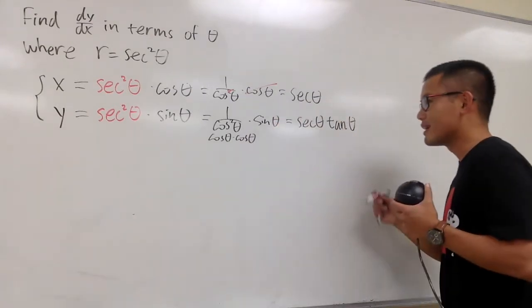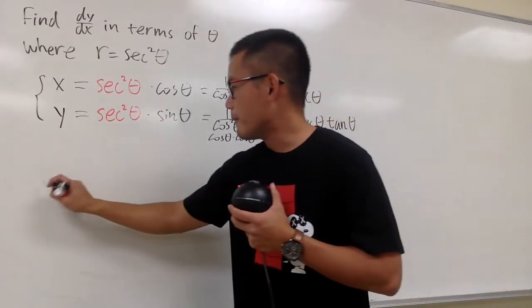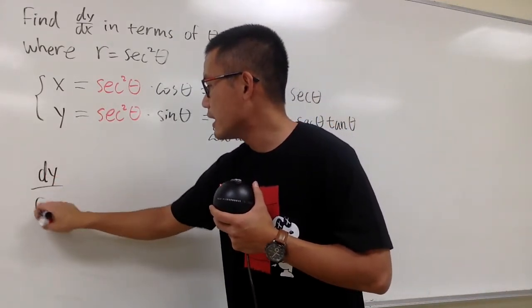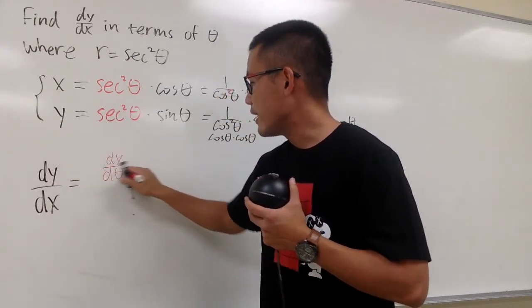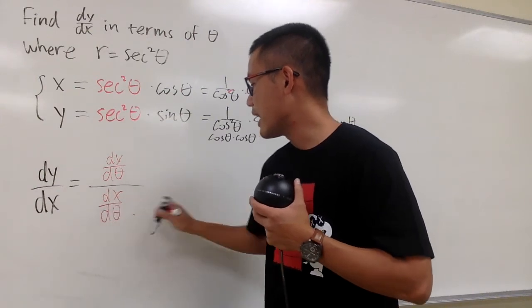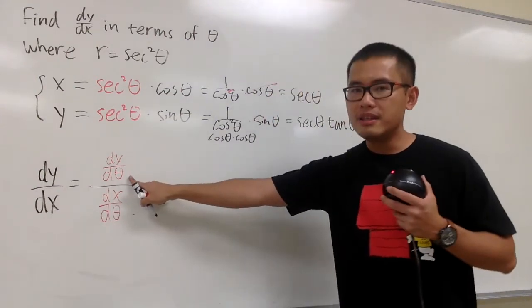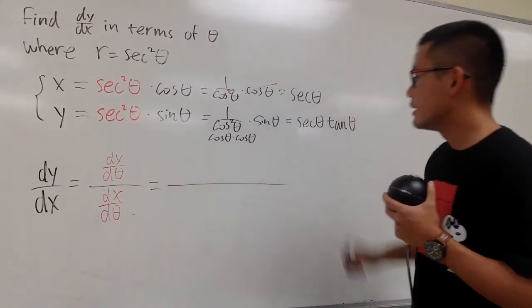Because we're using theta in here, not t, but same thing anyway. So let me write this down. dy/dx is going to be, on the top, dy/d theta, over, on the bottom, dx/d theta.